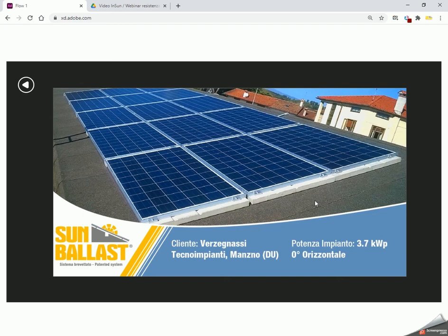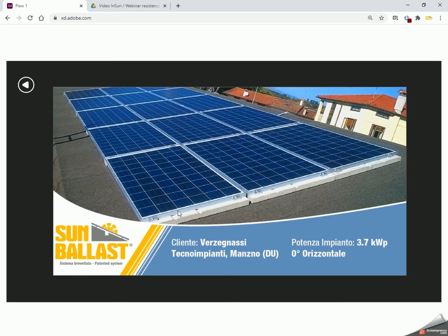We advise to not install ballast with high inclinations. For example, in this case, we use the coplanar ballast, so at 0 degrees. In these cases of inclination, we use some tricks to stop potential sliding of the elements over time. We verify the wind sizing check in the same way as perfectly flat roofs. The only problem in these cases is that the support can slightly slide, so we advise tricks such as chemical fixing.